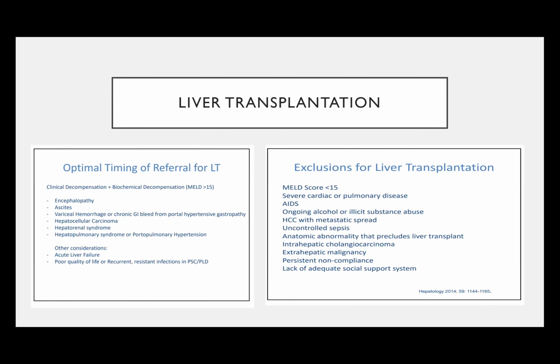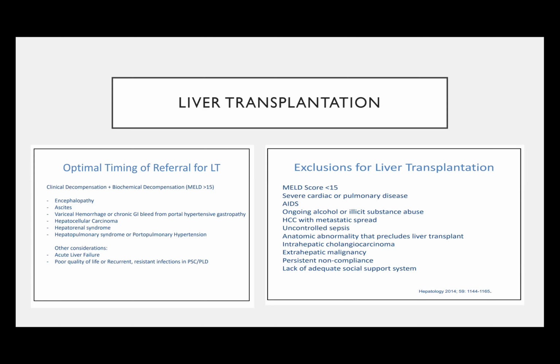So there's two things you want to look at for transplant list. One is clinical decompensation, and the other branch is biochemical decompensation. And usually you need a conjunction of both of those. If they have any kind of clinical decompensation, it doesn't matter which one it is: encephalopathy, ascites, variceal bleeding, hepatocellular carcinoma, as long as it has not spread anywhere, HRS, hepatopulmonary hypertension, all of these things qualify you to be on the transplant list.